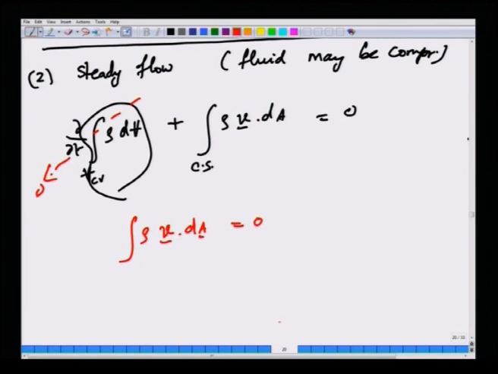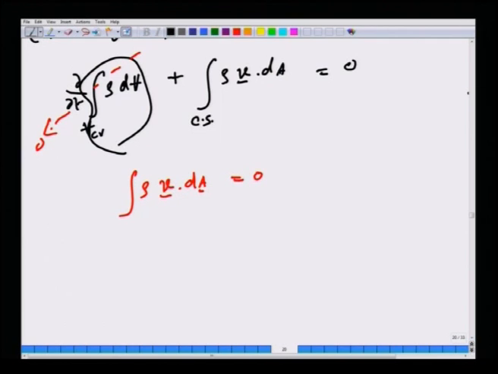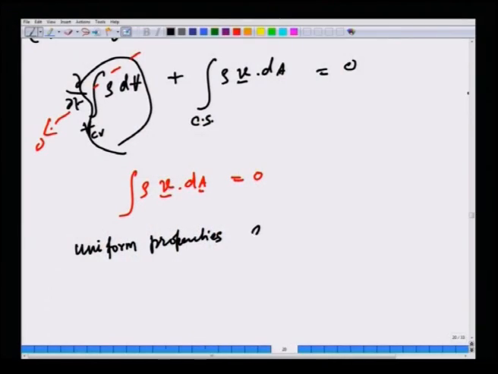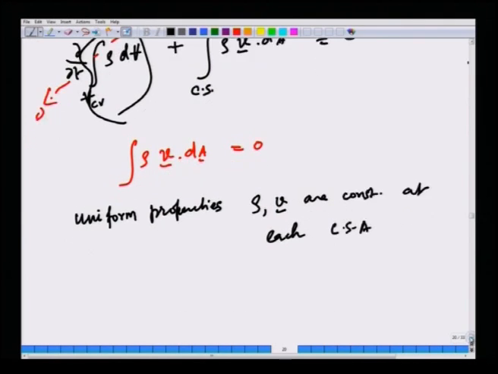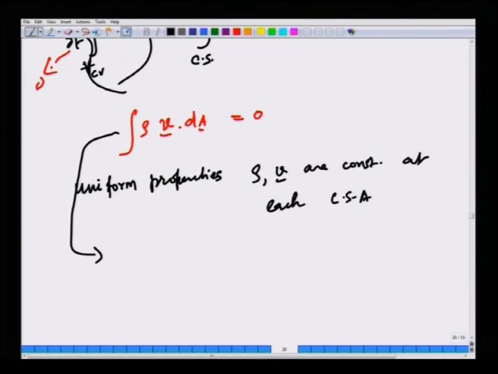Okay. So, if you assume uniform properties, that is, if rho and velocity do not vary across a cross section, although they may vary across different cross sections, at each cross section of the control surface, then this area integral is trivial.